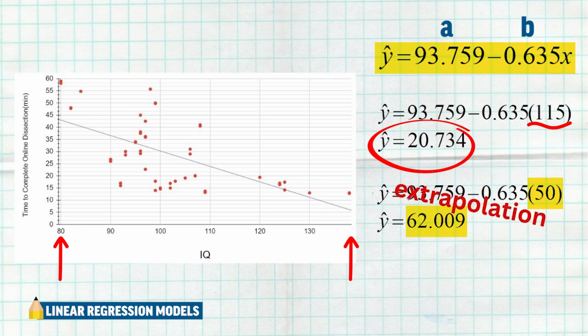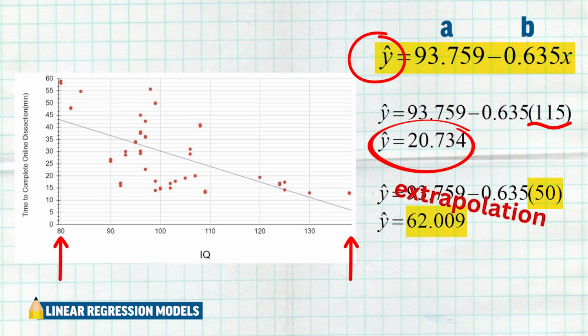Now, one more thing kids will try to do is they'll try to use their linear regression model to work backwards. They'll take the time to complete an online dissection, and they'll try to plug that in for y hat, and they'll try to solve for the IQ score of that student. You cannot do that. That is not how this equation was created.